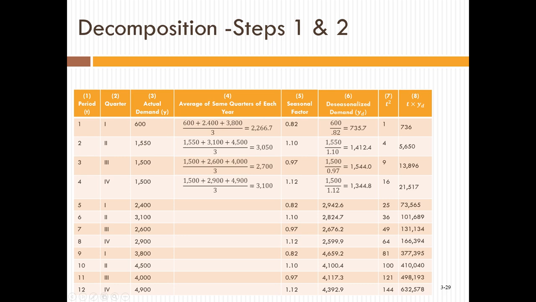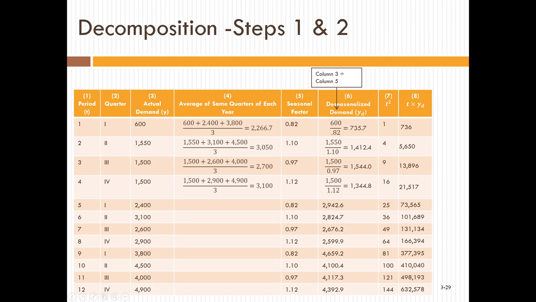Here's the example from the textbook, on page 67. We're given 12 time periods: 3 years of 4 quarters each, and the actual demand for each.